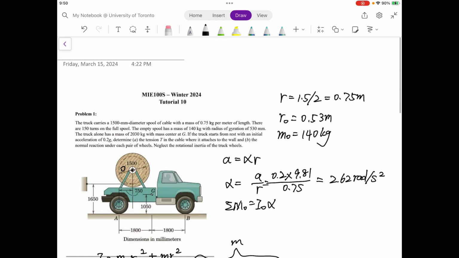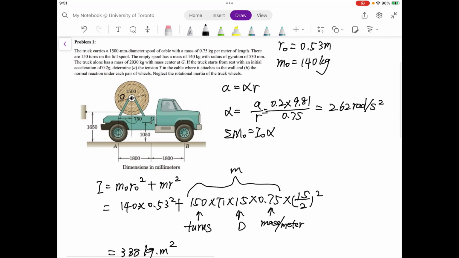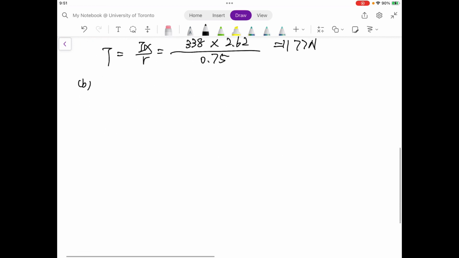Question B, we need to find the normal reaction under each pair of wheels. So if we take a free body diagram of the spool, it has reaction forces Rx and Ry and the tension T. The sum of force is equal to Ma.